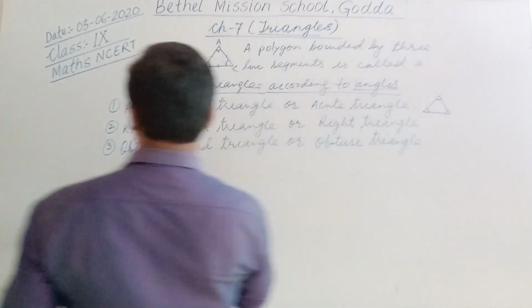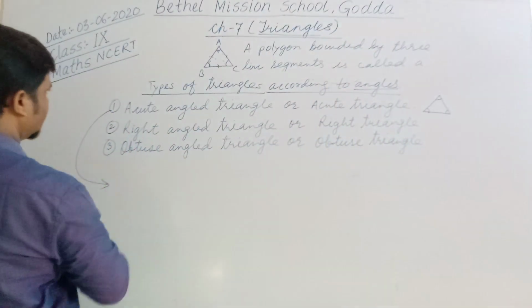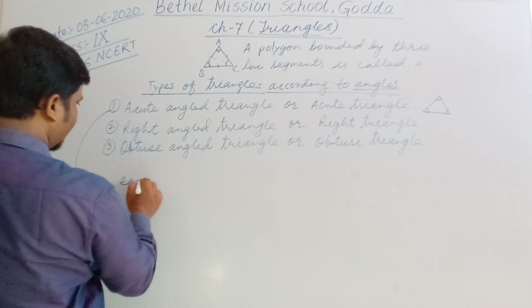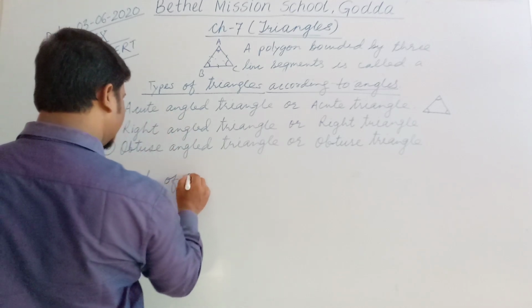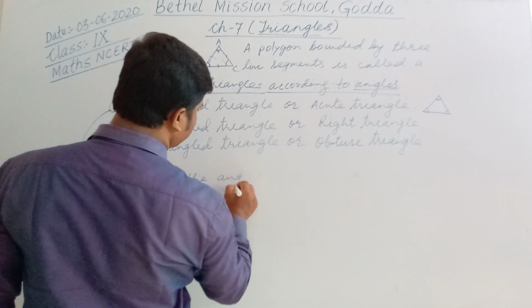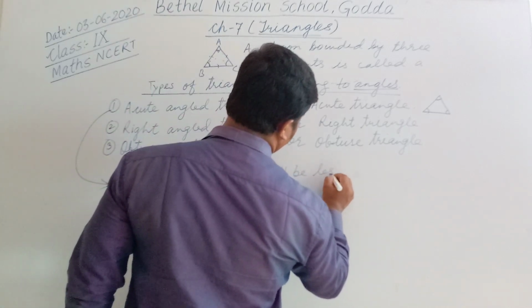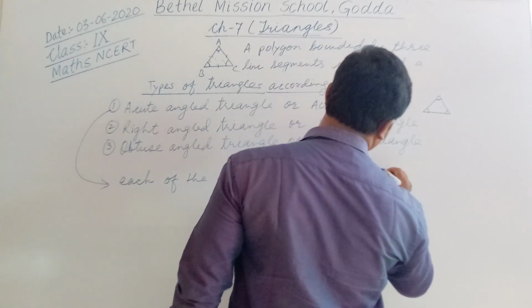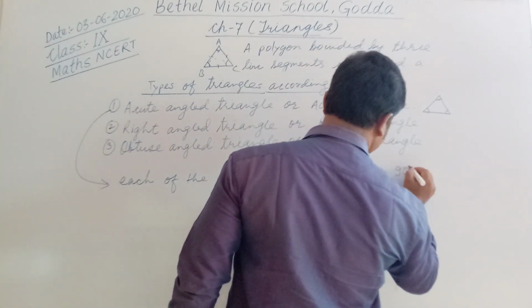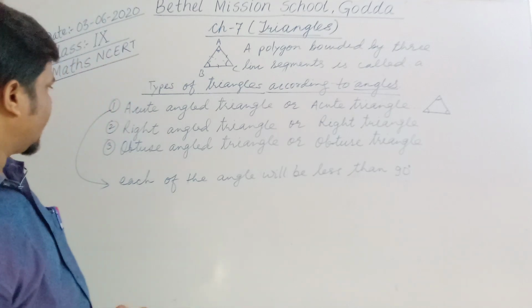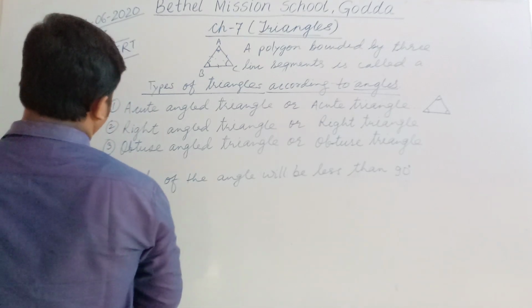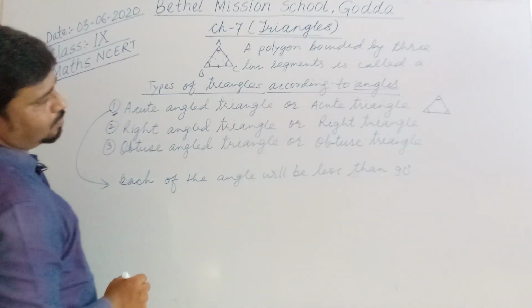So that type of triangle is called acute angle triangle. Okay, this is acute angle triangle.